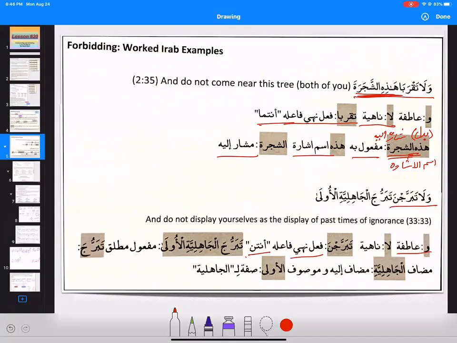Another thing to mention is tabarrajna, the root letters are ba, ra, jim, right? Barraja. And then you see that we have tabarruj, and this is our ism. So we have fail over here, and then we have ism with the same root letter. So that is our maf'ul mutlaq.